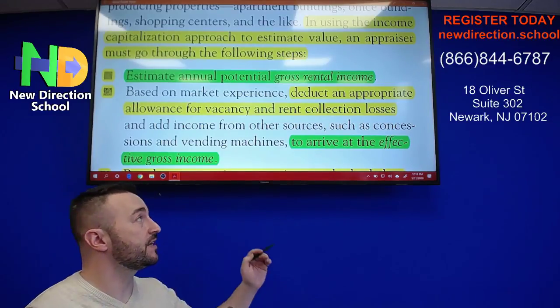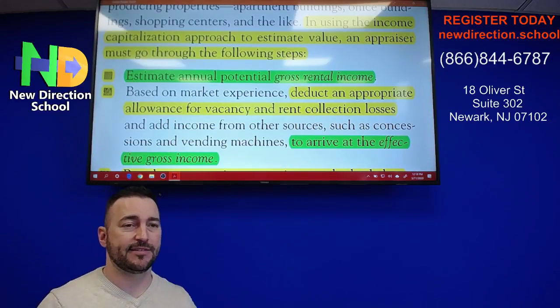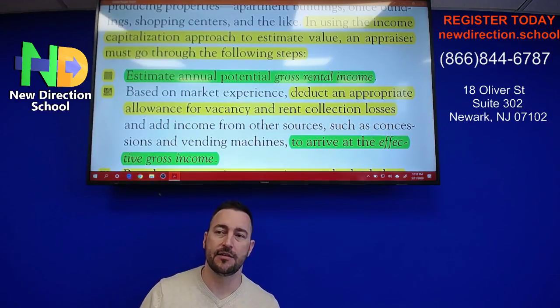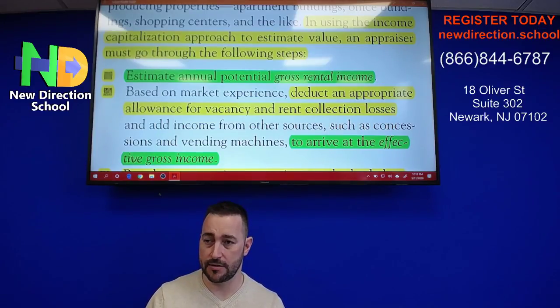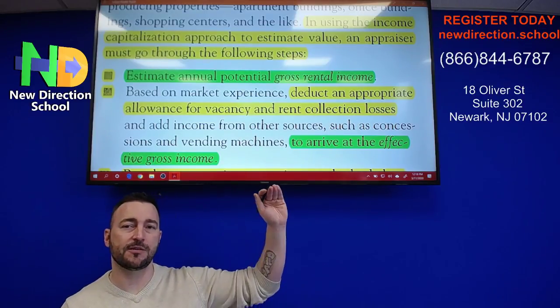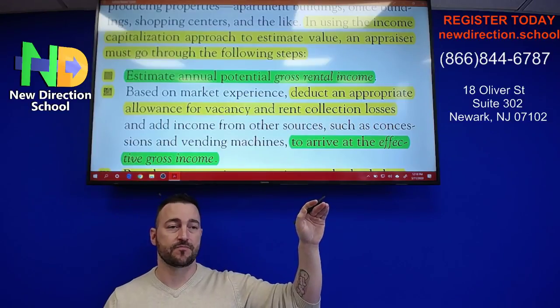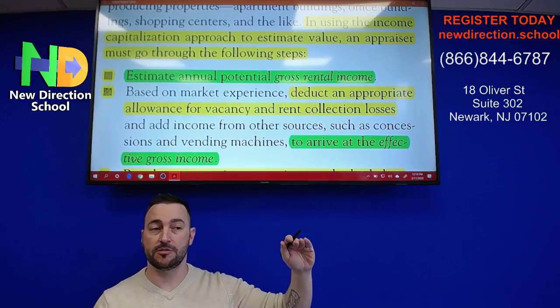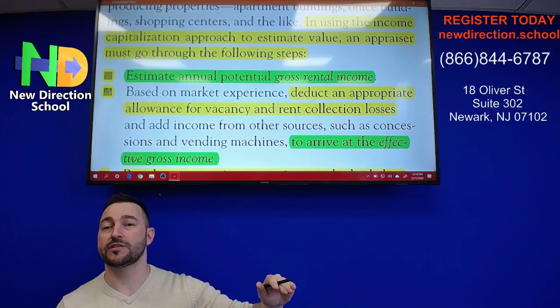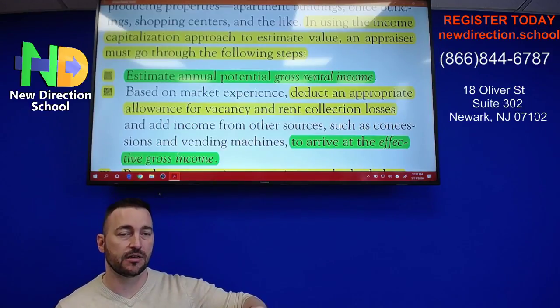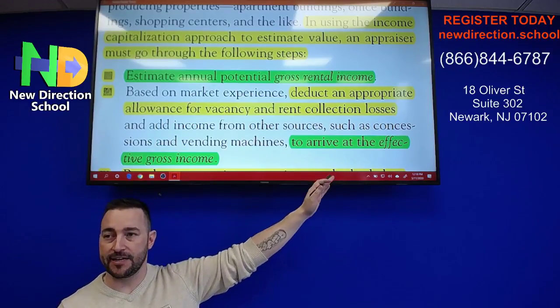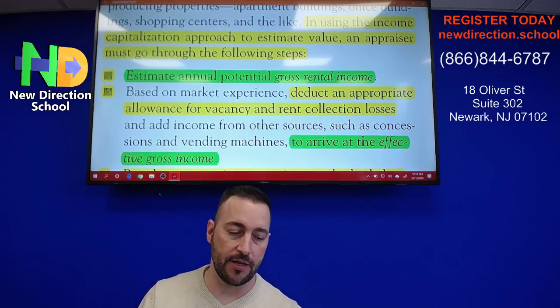The effective gross income is the number that we need to account for. That's what I'm going to get more or less every single year. If it was 100% occupied, we'd have a beautiful life. But because we know it might not be 100%, let's calculate the worst-case scenario, which is vacancy losses, to reach the effective gross income. This is what we're really going to get.